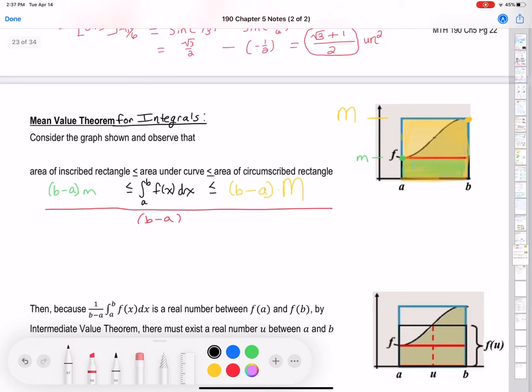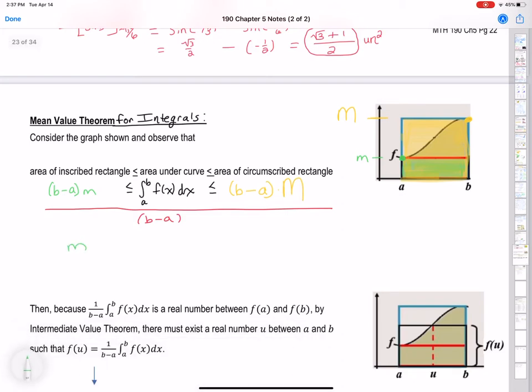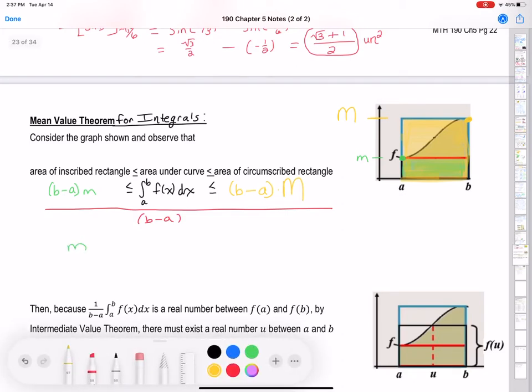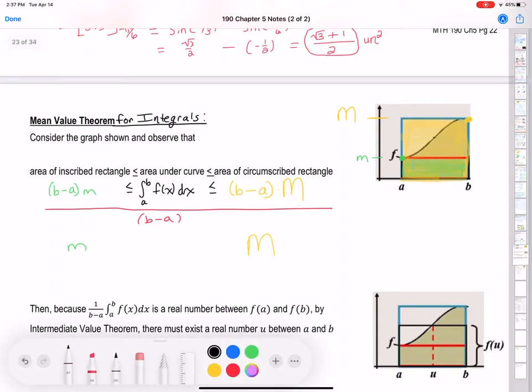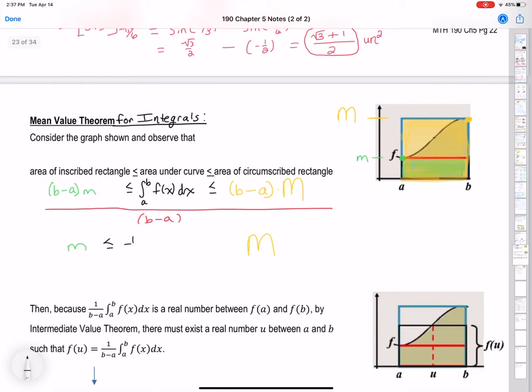When we do that, we're going to have our lowercase m on the far left, and on the far right we're going to have our upper bound, capital M. And those are our bounds. So really I'm just restating those upper and lower bounds that we talked about last time, but I've divided everything through by b minus a.